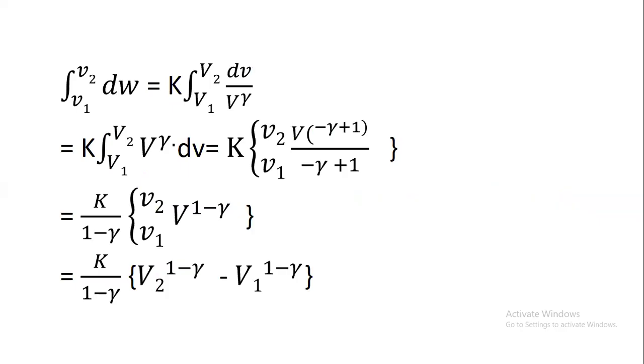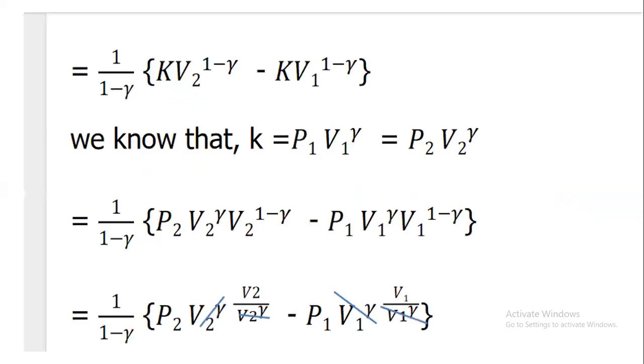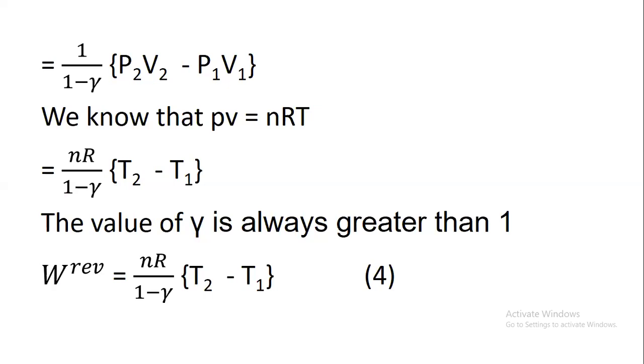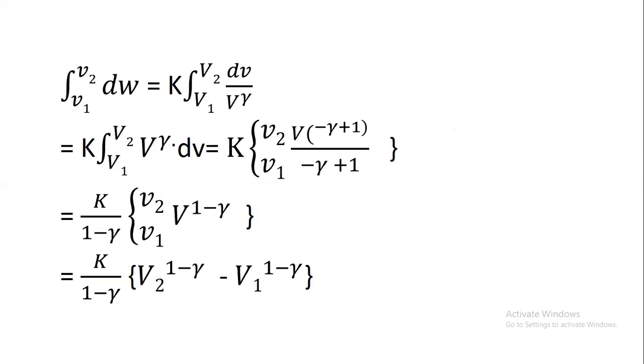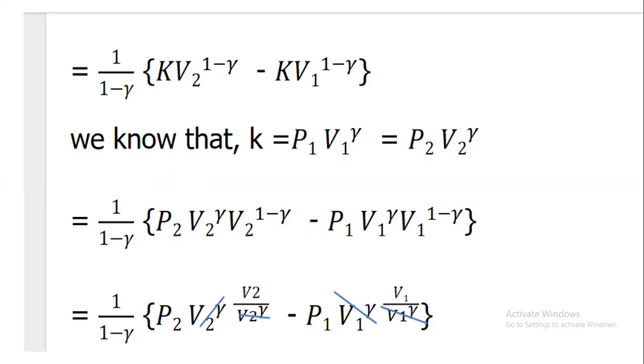So integrating from V1 to V2, dW equal to K times the integral of dV over V gamma, and solving we get 1 over 1 minus gamma, K V2 to the 1 minus gamma minus K V1 to the 1 minus gamma. We know that K equal to P1 V1 gamma and equal to P2 V2 gamma.